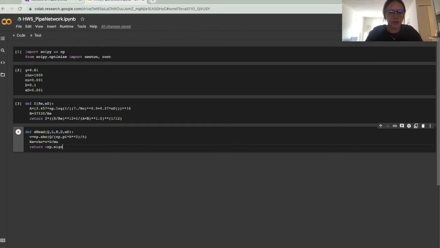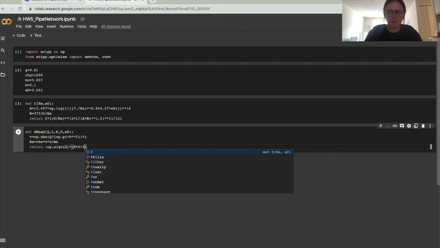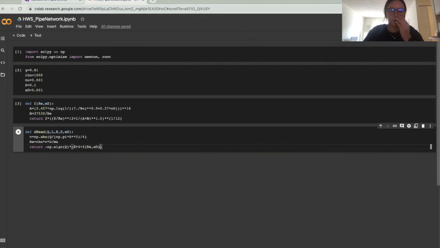And so we want that to be Q times K plus 4 plus F of REED, because that's what we had, times L divided by D, all of that times V squared divided by 2 divided by G.